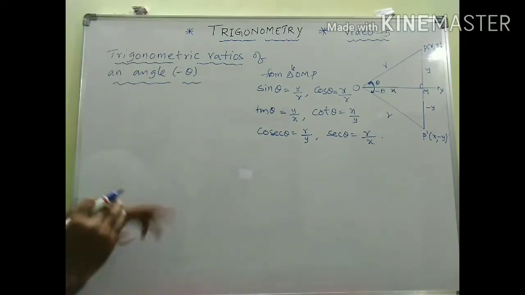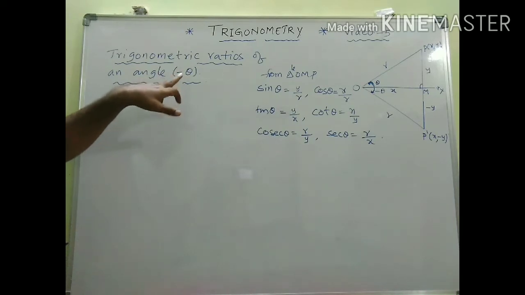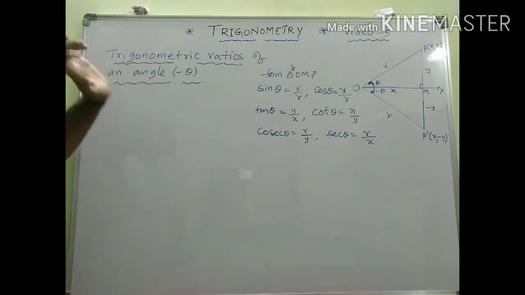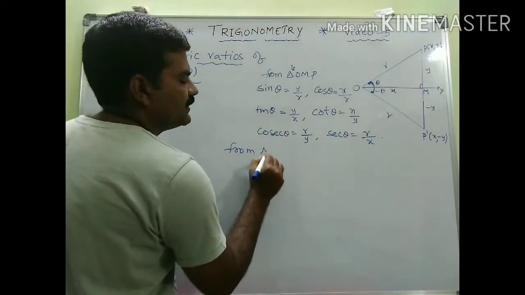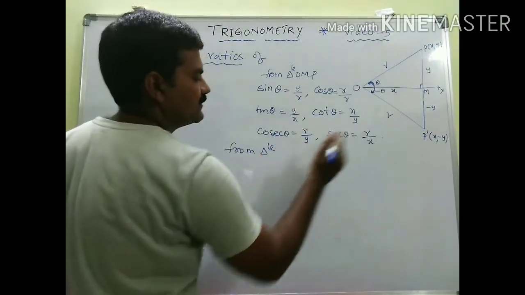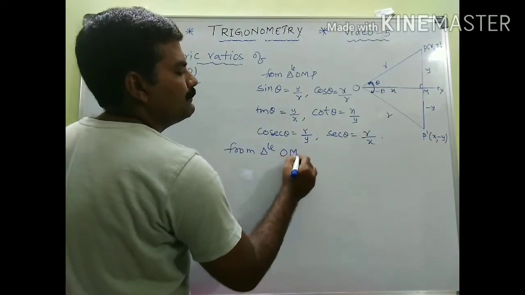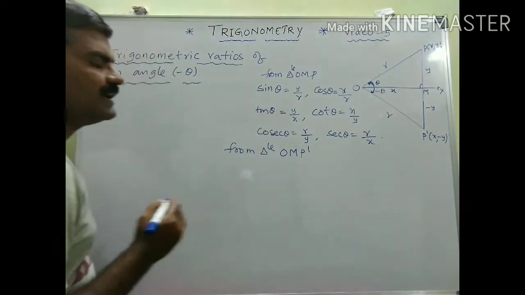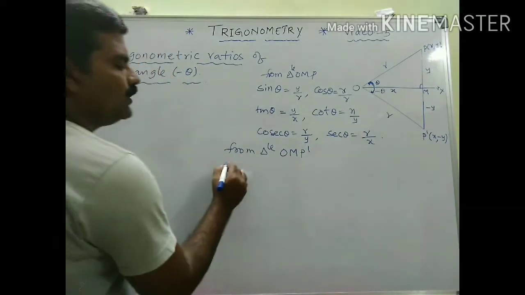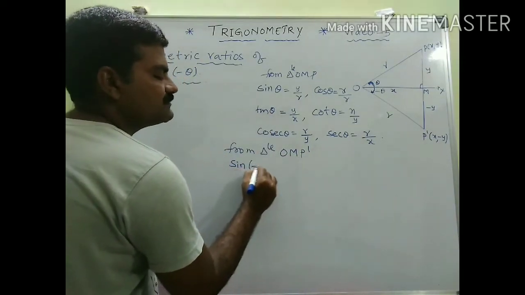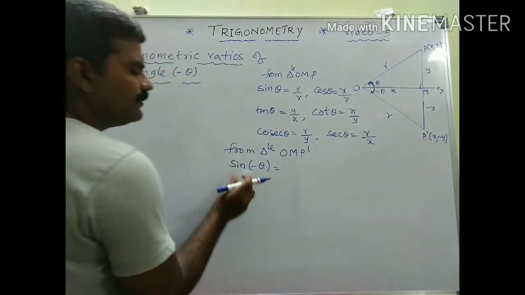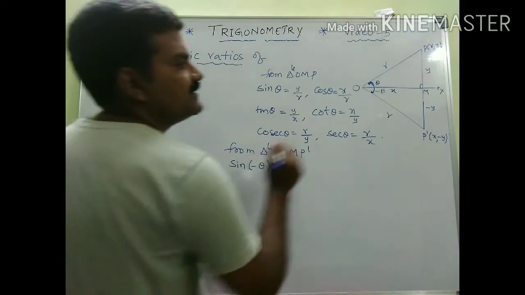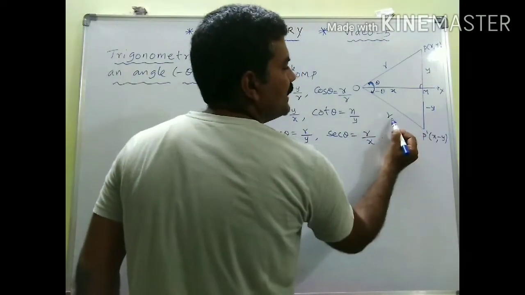Now let me talk about what happens if the angle is negative, if theta is minus. So look at the lower triangle, OMP dash. From this triangle, let us find sine of minus theta. The sine ratio is always opposite by hypotenuse.